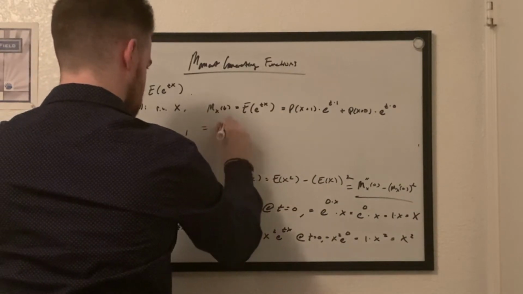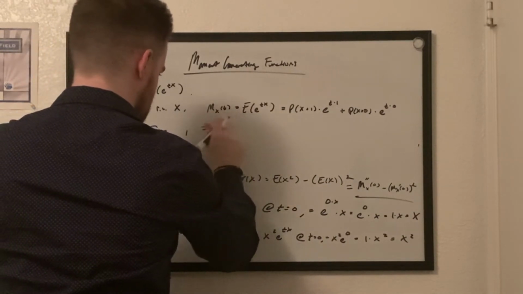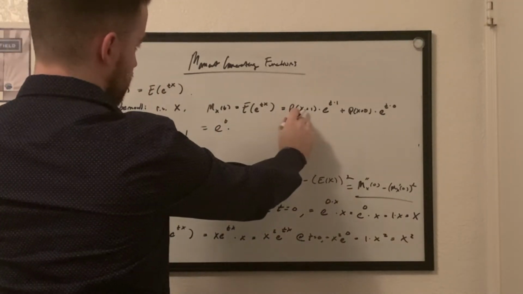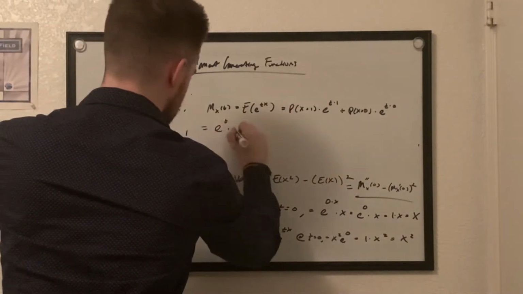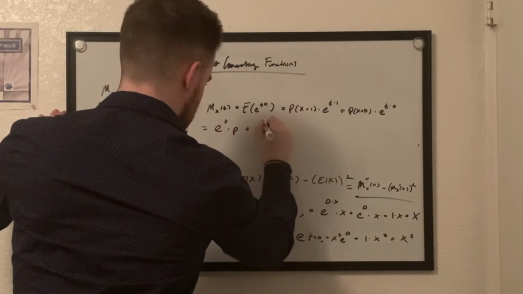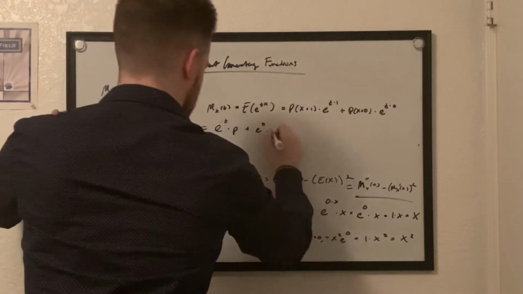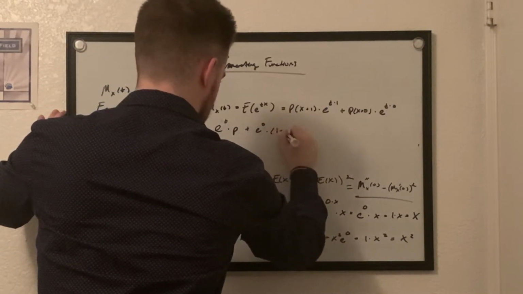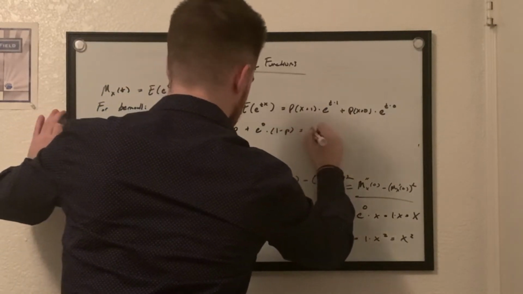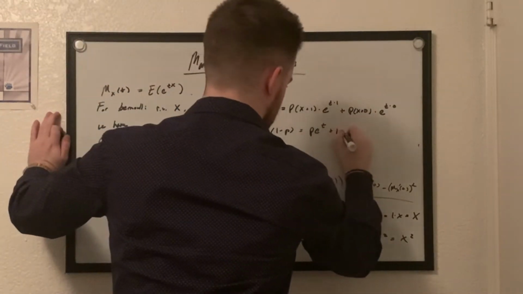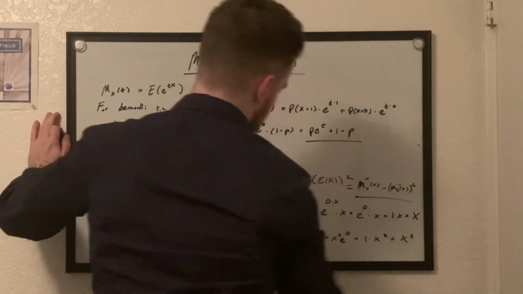That will give us e to the t times the probability x equals 1, which is p, plus e to the 0 times the probability x equals 0, which is 1 minus p. So that's p e to the t, e to the 0 is 1, so we get plus 1 minus p.